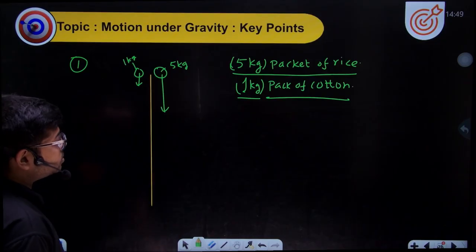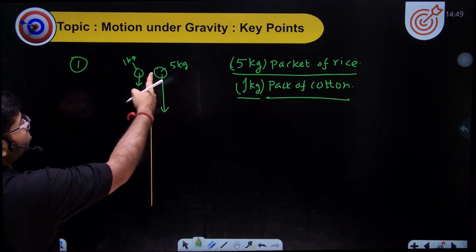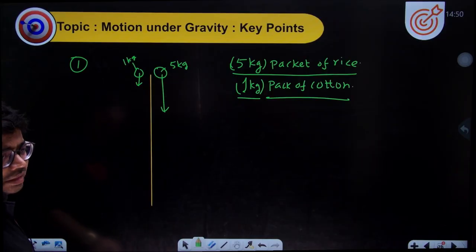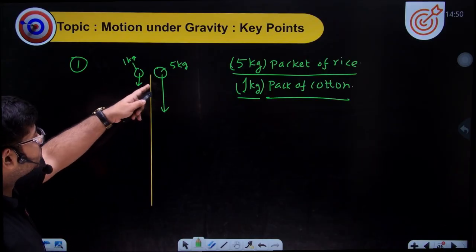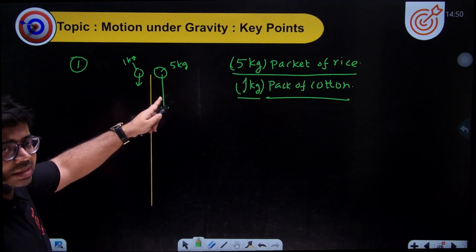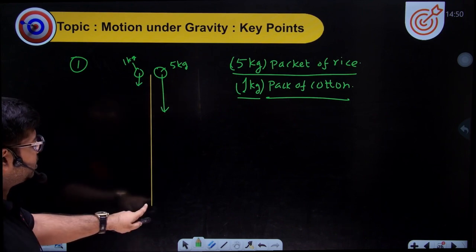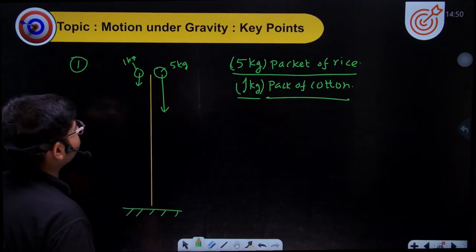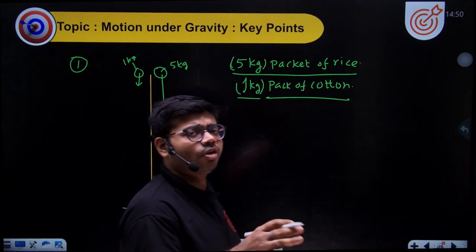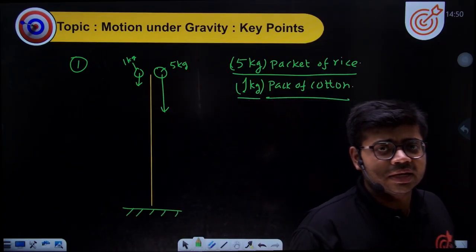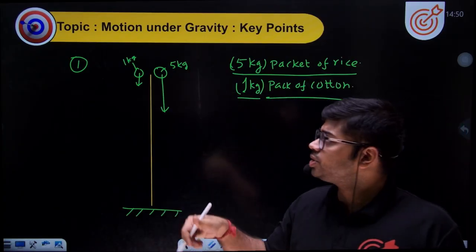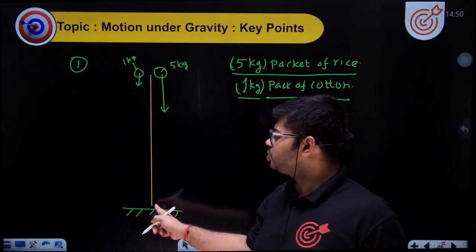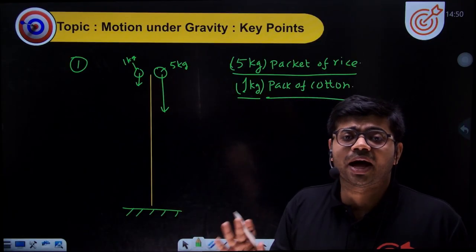We can think that the 5 kg object is going to reach fast, but it has been seen that both these objects, irrespective of their mass, are going to reach the bottom at the same time. So always remember one point, that irrespective of the mass, if you are throwing something from the same height, they are going to reach the bottom at the same time.